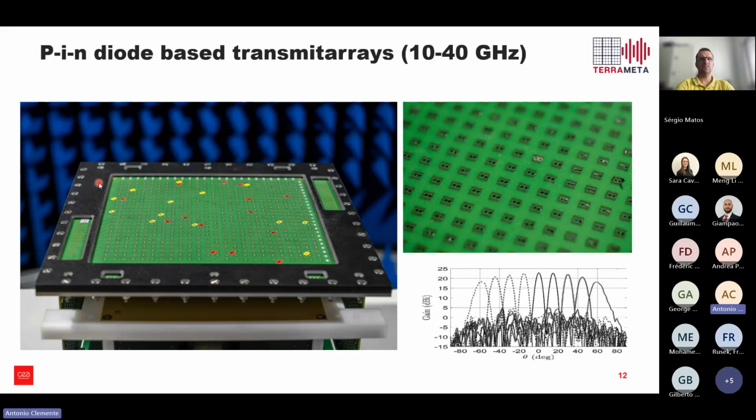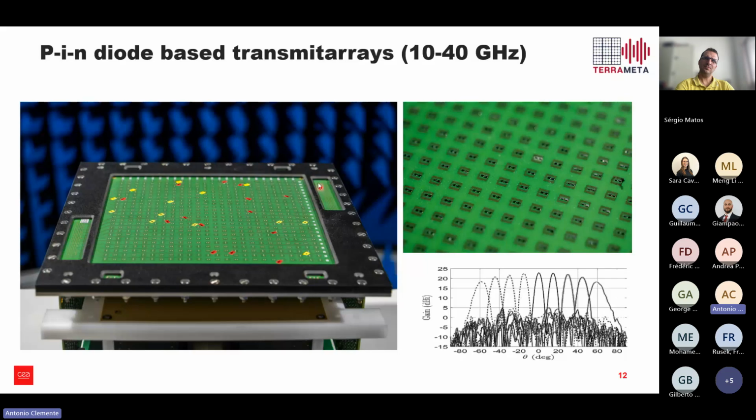Typically, as I said before, when we build a reconfigurable transmit array or transmissive metasurface, we integrate switches on top of a metasurface composed of several unit cells. In this case, it is a 24 by 24 element metasurface.